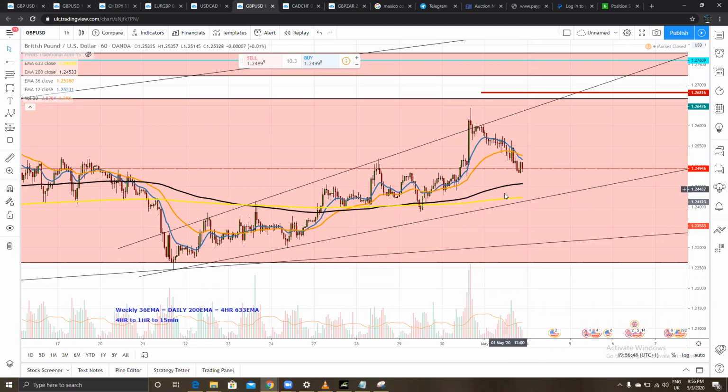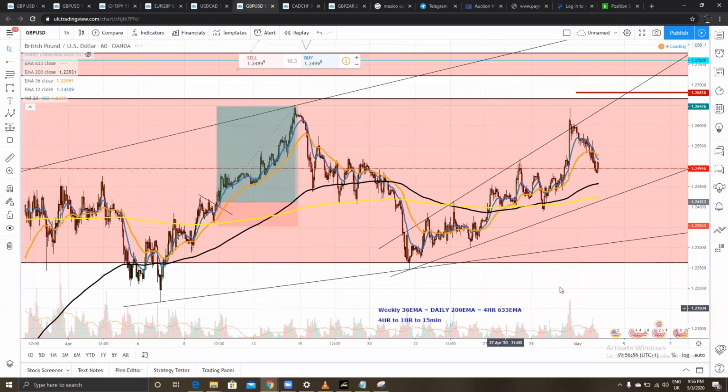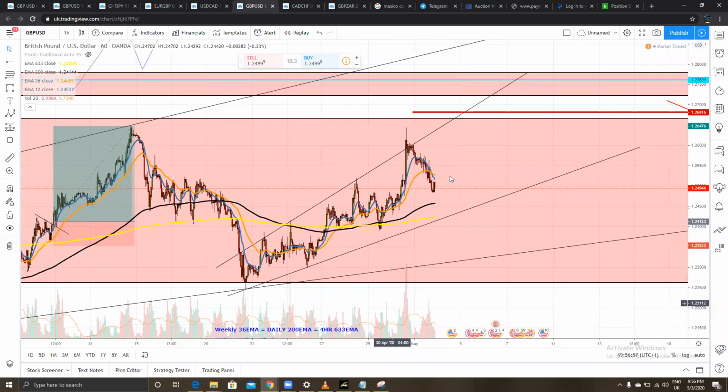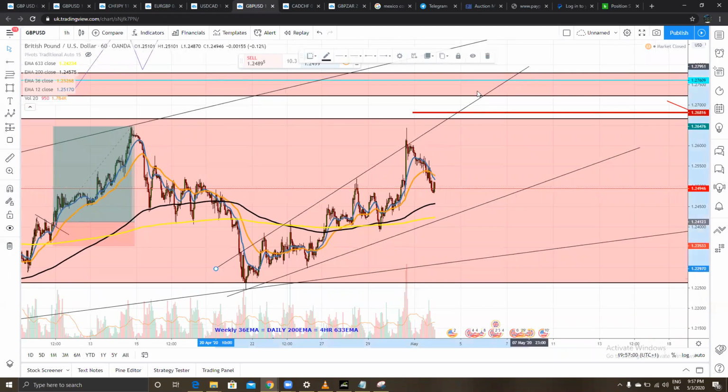But equally, as you've said, there's a support lying over there. There are two supports, not just one. That support is now lining up with our 633, with our 200. But we haven't got that much of a volatility squeeze over here because everything is not lining up together.